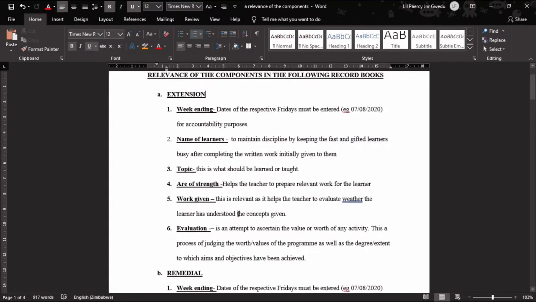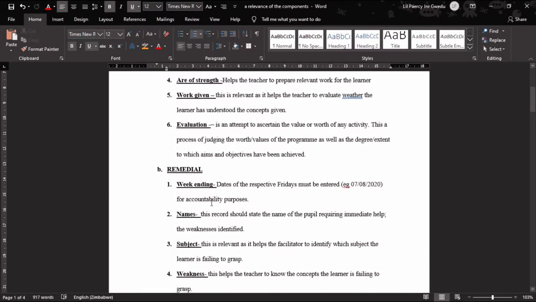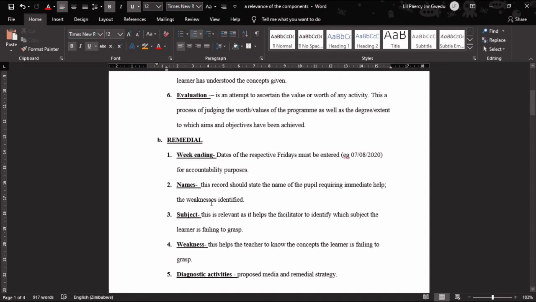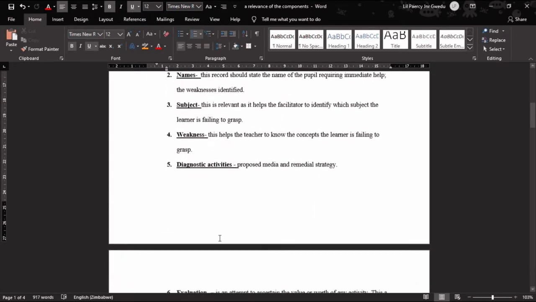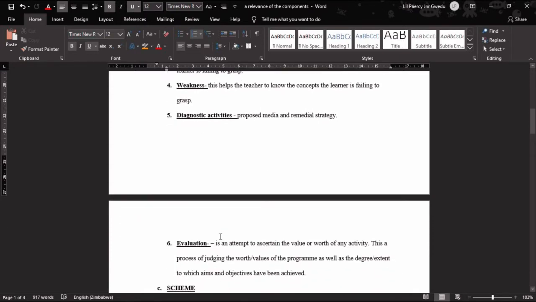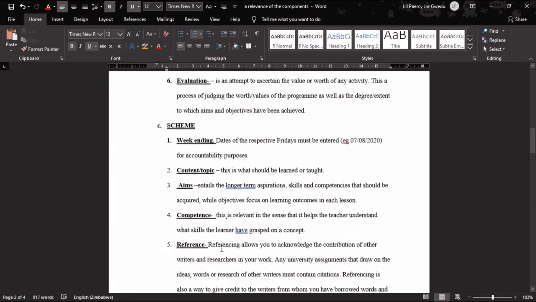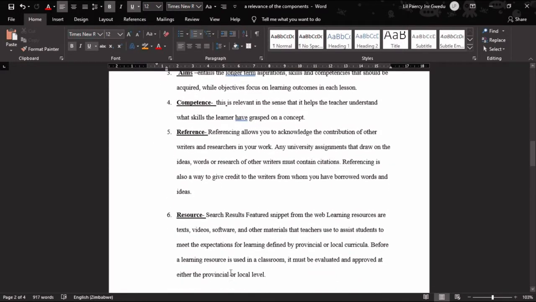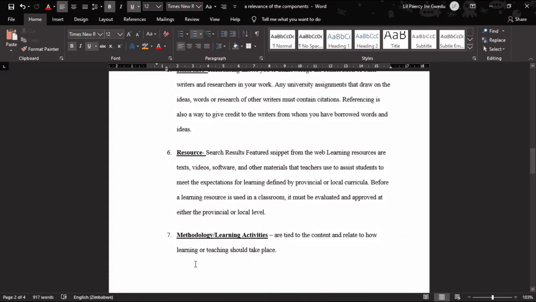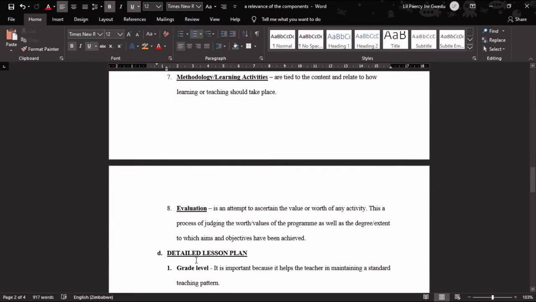So on the extension, we gave the relevance to the week ending, name of learners, topic, area of strength, work given, evaluation. Then we went on to B: the week ending, names, subject, weakness, diagnostic activities, evaluation. Then C: the week ending date, the content or topic, aims, competence, reference, resources, methodology or learning activities, and then evaluation.